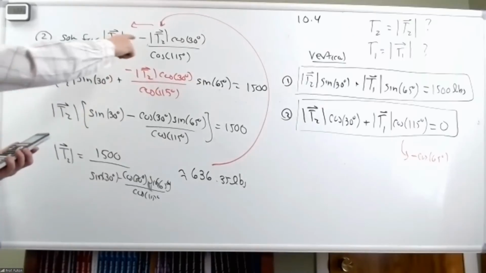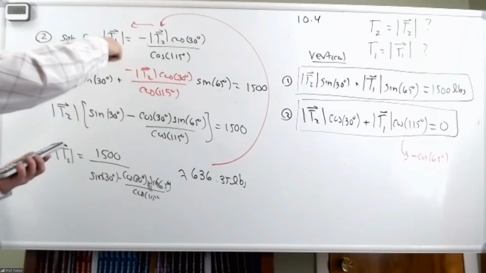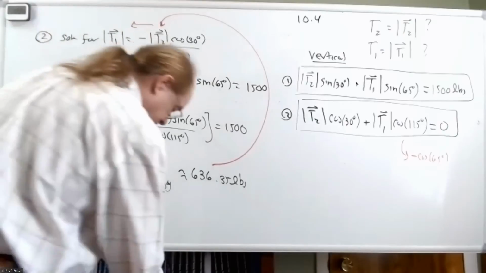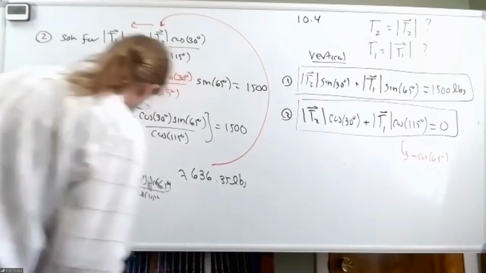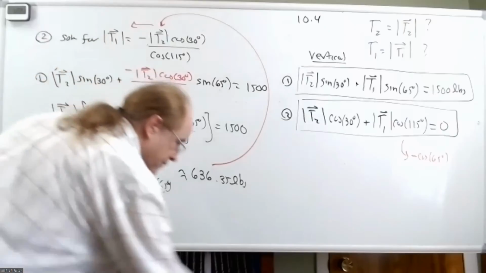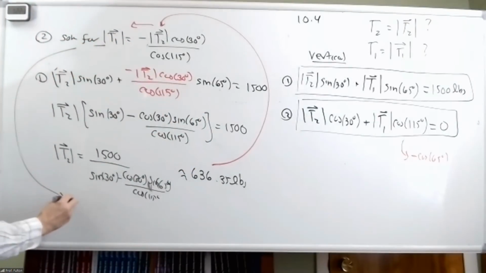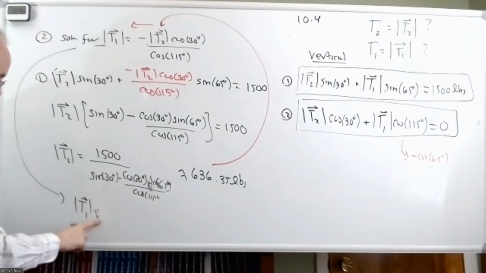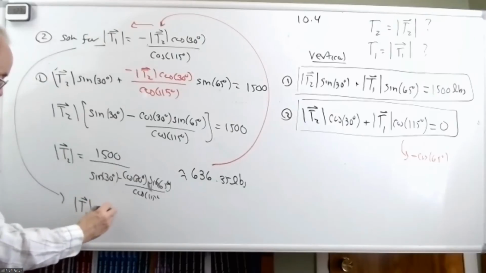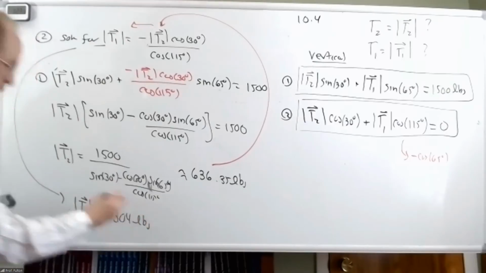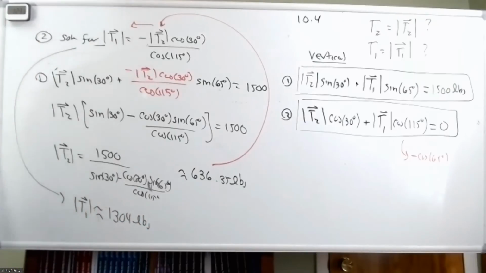And I get, with the negative out front, this turns out to be 1,304 pounds. So using this over here, that tells me the magnitude, the tension T sub 1, is approximately equal to 1,304 pounds. And that's how you find it.